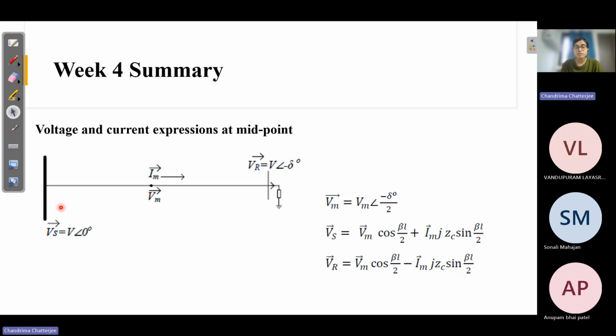So always the power is transferred from the leading voltage towards the lagging voltage. So this is the leading voltage, this is the lagging voltage, and because this is in the midpoint, this is also lagging the sending end voltage by an angle of minus delta by 2. And you can represent the sending end voltage by this Vm and Im, and the receiving end voltage also by this Vm and Im like this. Okay.